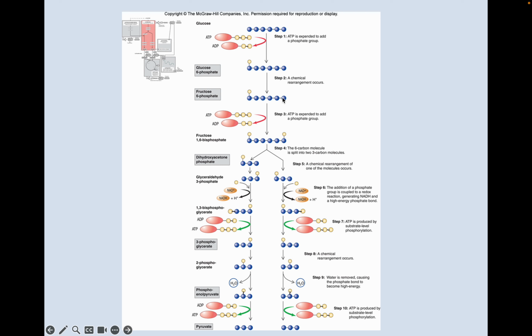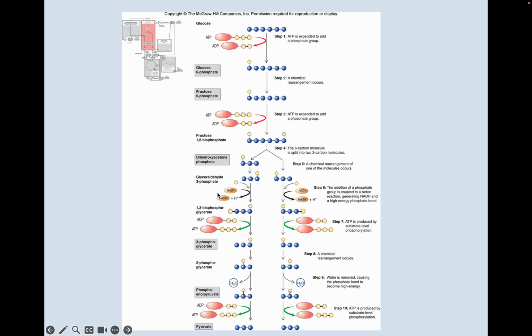And chemical rearrangements occur. We add another ATP to do another phosphate addition at the end of the chain. Now, it's not important that you know what happens in all the intermediate steps. It's important to understand that they occur, right? So glycolysis does cost the use of some ATP, but then that 6-carbon sugar is broken down into 2 3-carbon sugars.